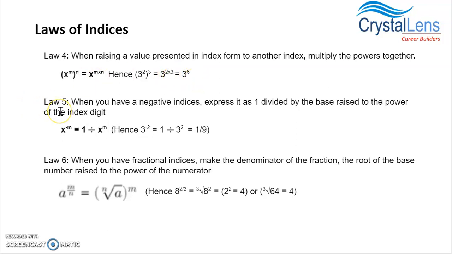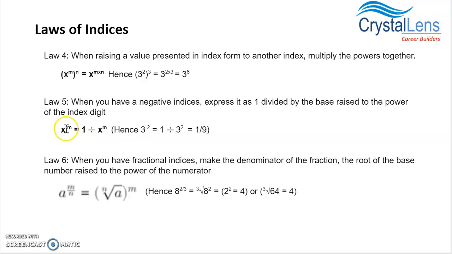The fifth law says when you have negative indices, express it as 1 divided by the base raised to the power of the index digit. You would understand this better with an example. Take for instance, you have x raised to power minus m.